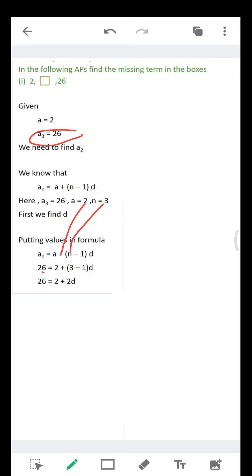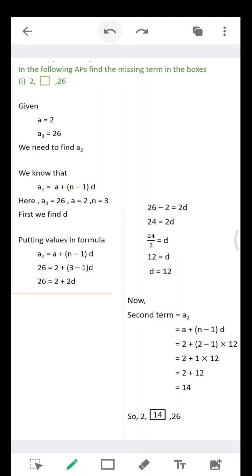From the third term which is given to us, 26, we will get the value of d. After simplifying this, 26 equals 2 plus 2d. Transposing 2 to the left, it becomes 26 minus 2, that is 24. So the d value we get as 12. So we have got the value of d. Now I can easily find the second term.